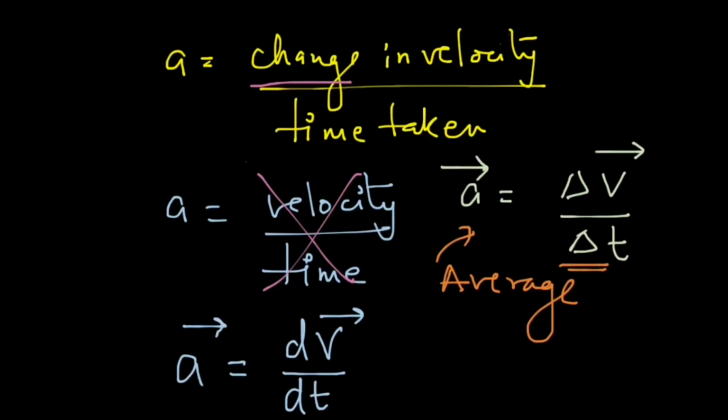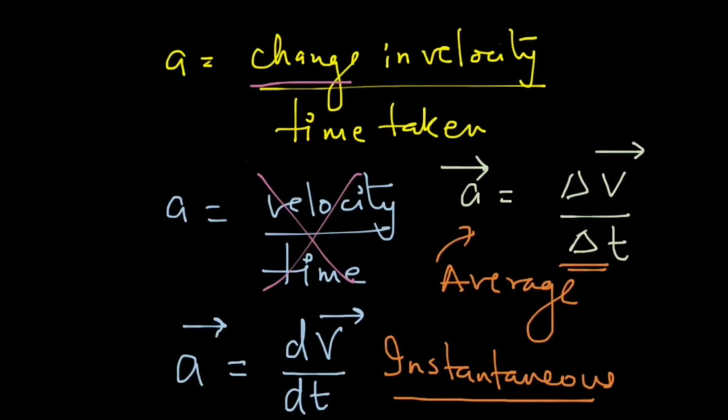And this formula is the formula for instantaneous acceleration. And from now on, whenever we talk about acceleration, what we mean is the instantaneous acceleration or the acceleration at this instant.